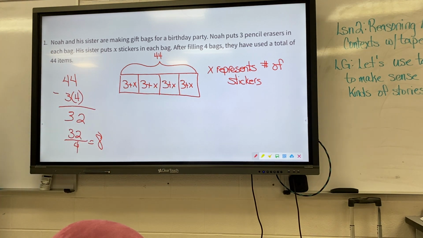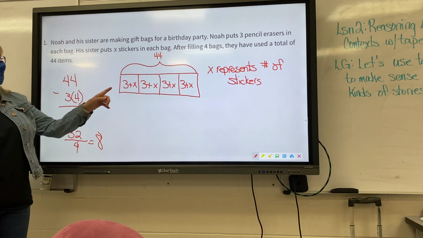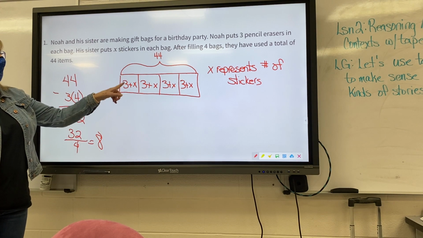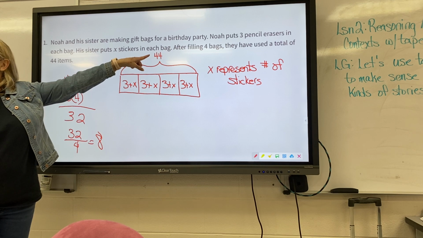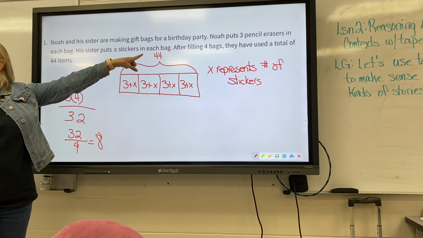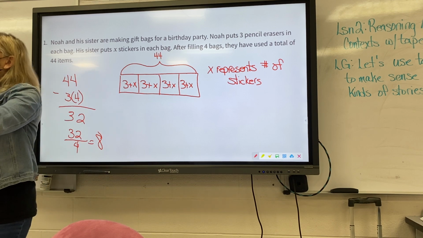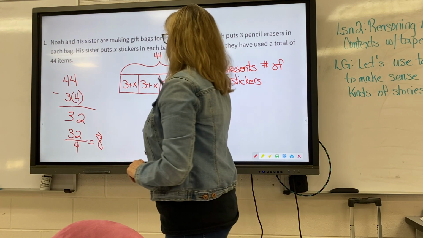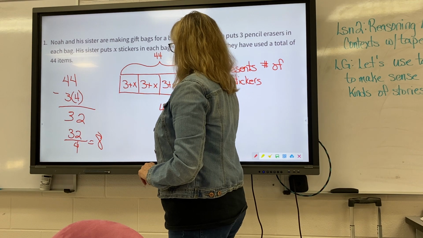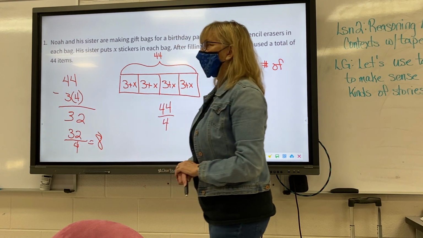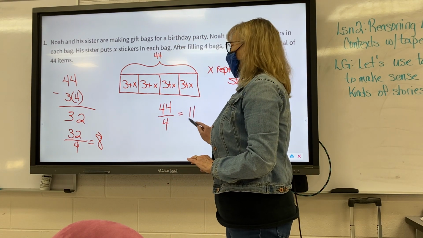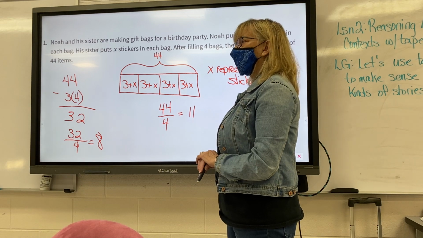Okay. Is there another way to think of it? How many items are in each bag? What am I going to do with that 44? Divide it by, not 3, by 4. Could I take the 44 and divide it by 4? That tells us there are 11 items in each bag, right?